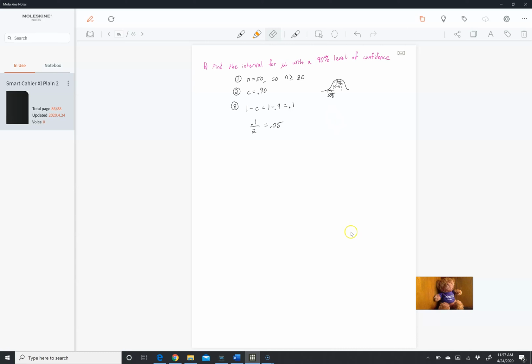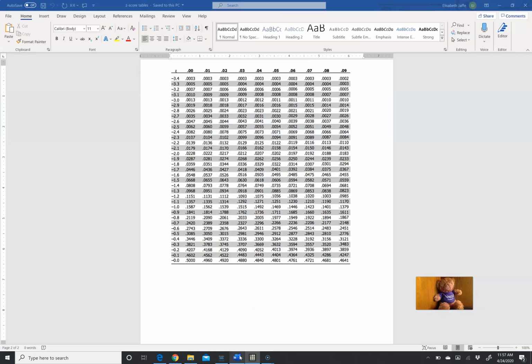So now we have to go to the z-score chart. Okay, the z-score chart you cannot come up with on your own, so you will get the z-score chart. So we go and we look for 0.05. 0.05 actually falls exactly between 1.64 and 1.65. Since it falls exactly between, we can't choose the closer one, so we take the number exactly in the middle.